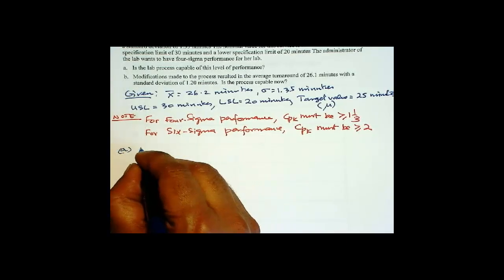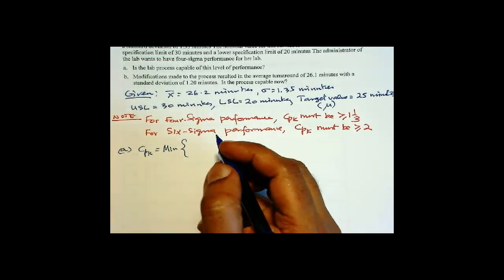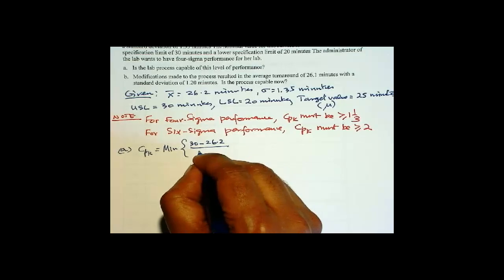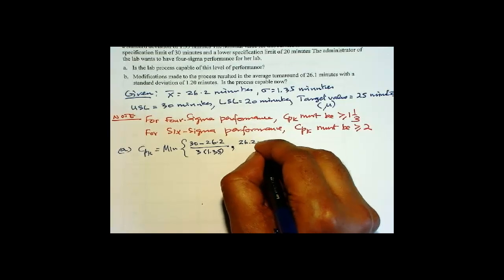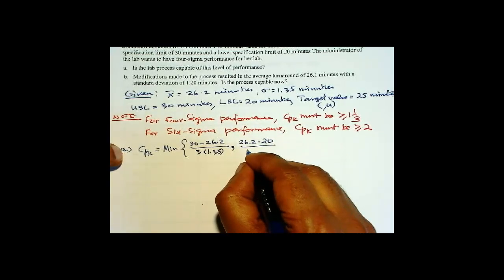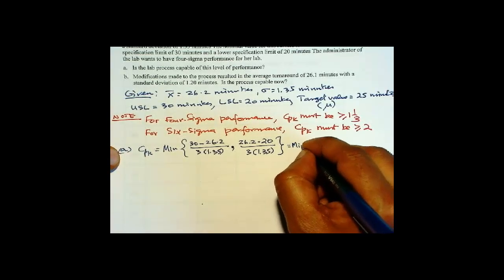So first thing to do is to compute C sub pk, which is the minimum of upper specification limit minus x bar divided by 3 times the standard deviation, and x bar minus lower specification limit divided by 3 times standard deviation. So that happens to be the minimum of 1.53 and 0.94, so that is equal to 0.94.